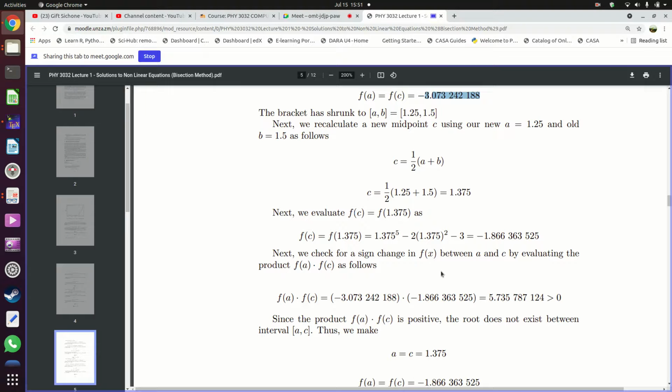Then your f of C is minus 1.866 something. So you are multiplying a negative number times a negative number. Negative times negative is going to give you a positive number, which is 5.73 something. This is positive, it's greater than 0. Since this product f of A times f of C is positive, it's telling you that there is no solution between A and C.